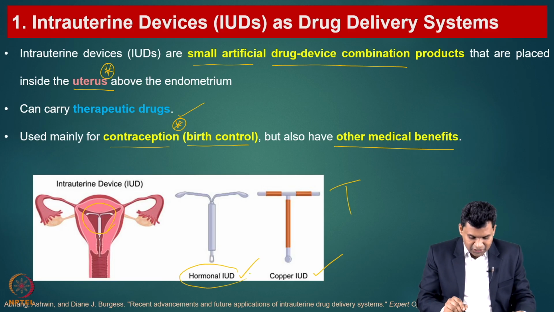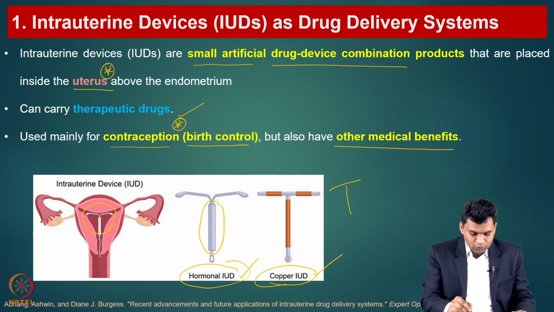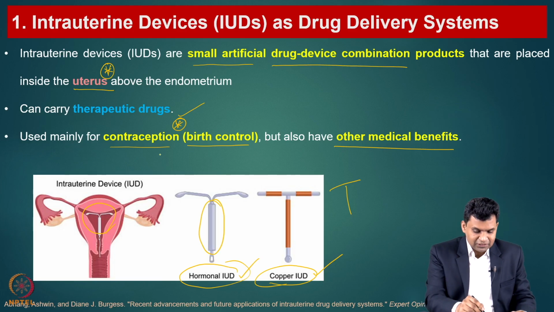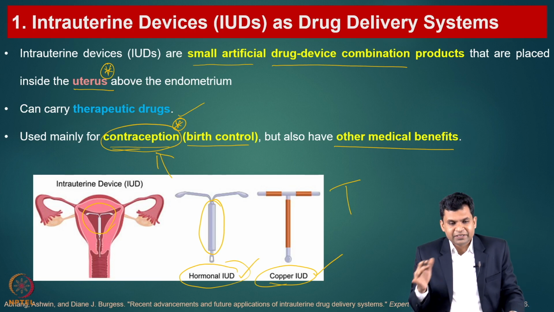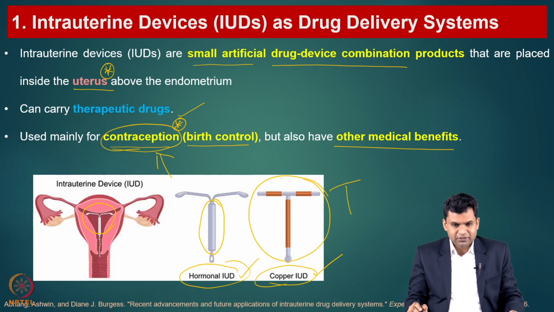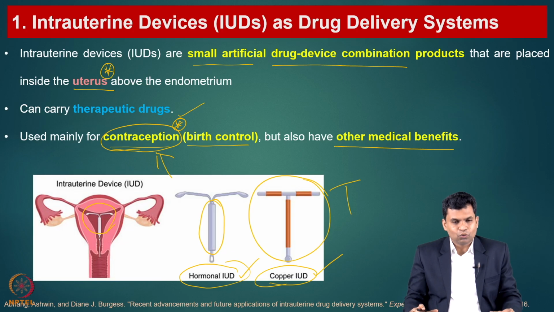Now, this is a hormonal intrauterine device and the other is the copper intrauterine device. In the hormonal one we will load the hormones, which will help with contraception, and which will inhibit, or control, pregnancy. Whereas in the other case we will provide a copper coating on the surface of the device.